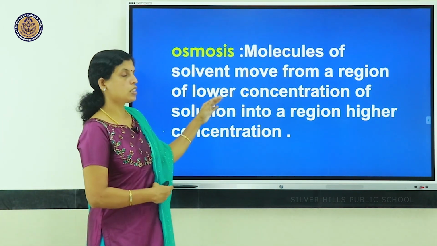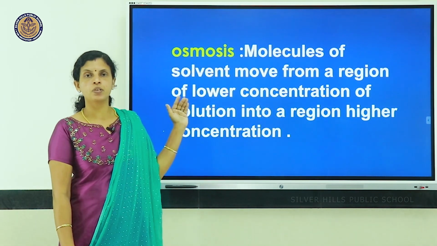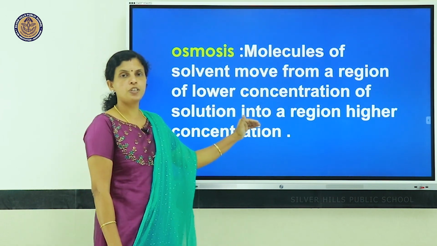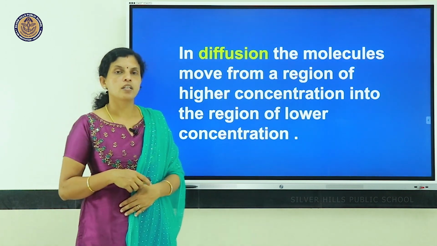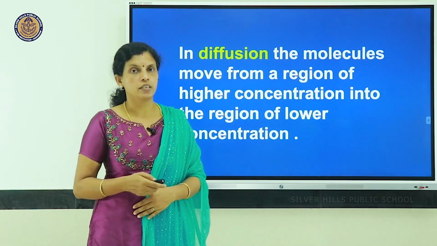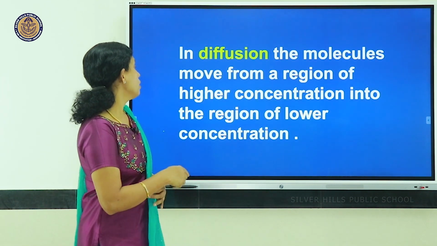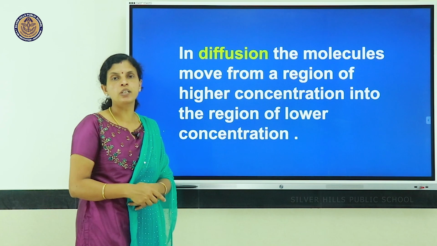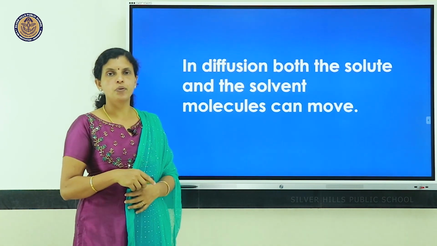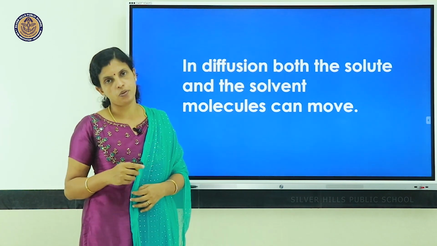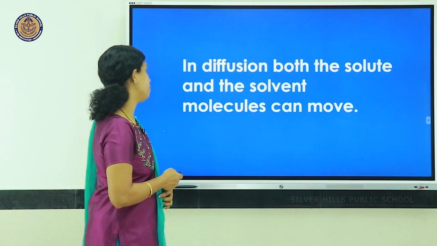In diffusion, it is the movement of particles, solute or solvent, from higher concentration to lower concentration. That means in diffusion both solute and solvent molecules are involved, whereas in osmosis only solvent molecules are involved.